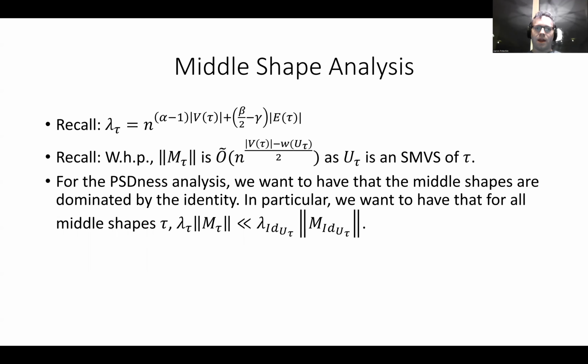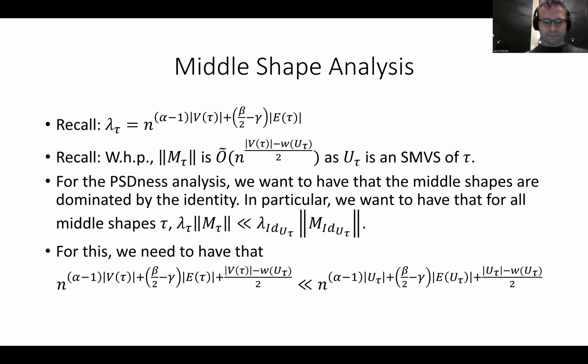So now I can give the analysis for middle shapes. For the PSD&ES analysis, we want to have that the middle shapes are dominated by the identity. In particular, we want to have that for all middle shapes tau which are not the identity, lambda tau times the norm of m tau is much less than lambda IDU tau times the norm of m IDU tau.